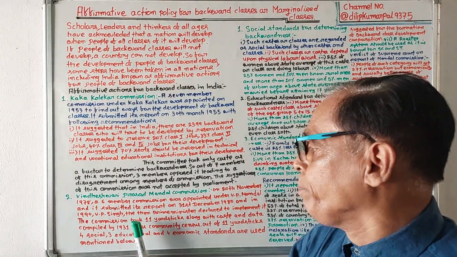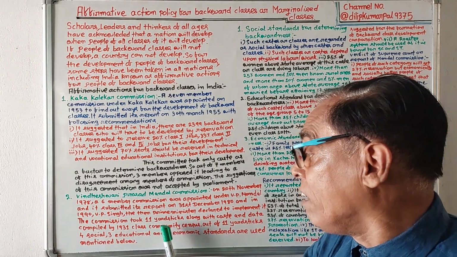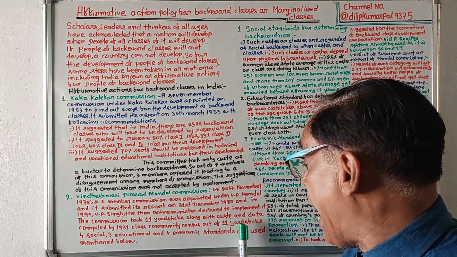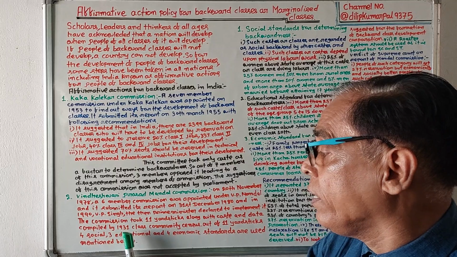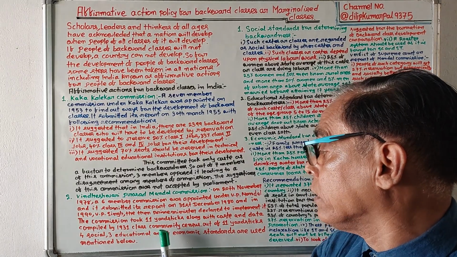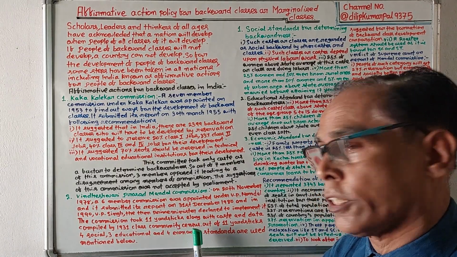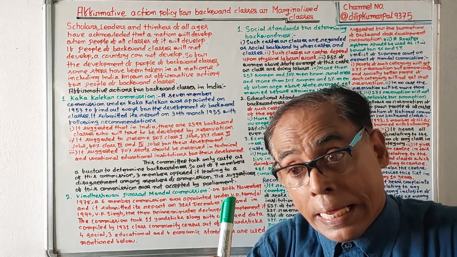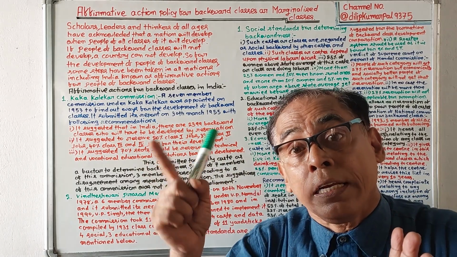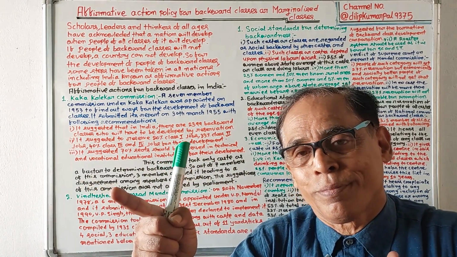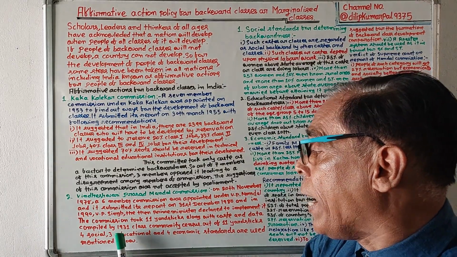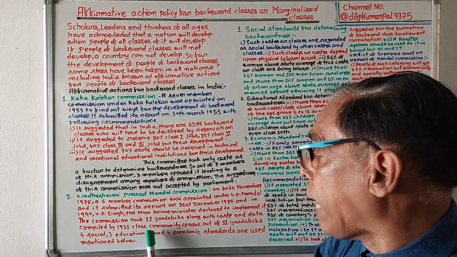This commission took 11 yardsticks along with caste, and data compiled by the 1931 community census.